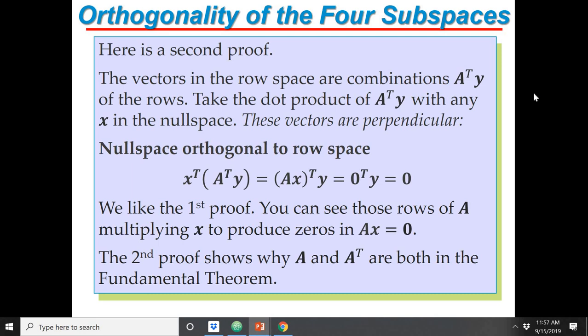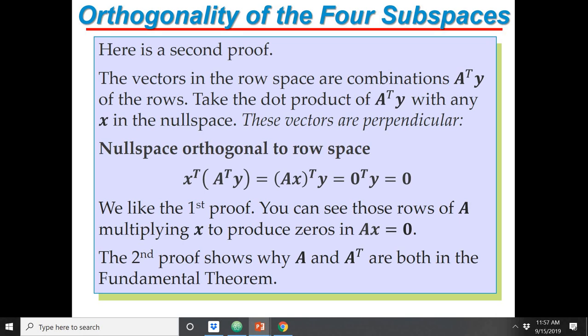Remember that A transpose Y, all right, A transpose Y, in the A transpose, the columns have become rows. So A transpose Y, you can actually think of it as a combination of the rows, all right?